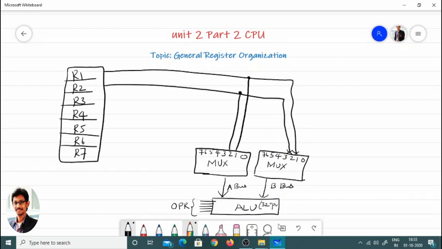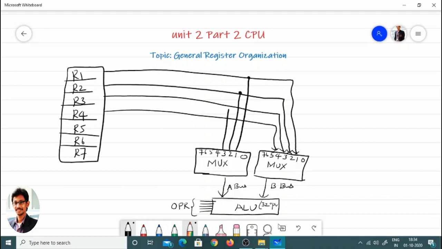Now R3 is connected to its line, R4 is connected to the next line, here 4. Now R5, here 5.